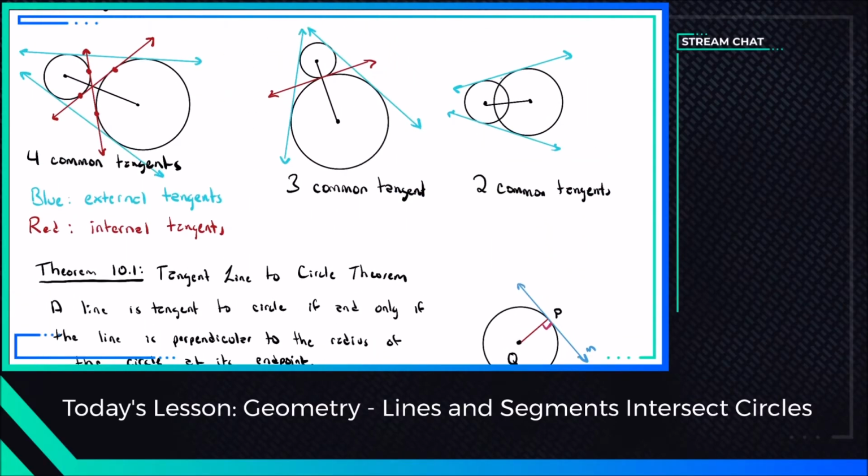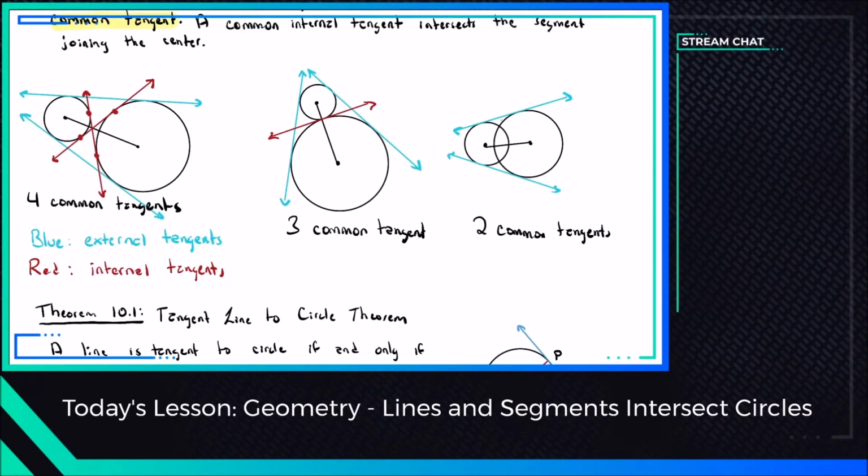All right, so let's scroll back up here. Notice that on each one of these external tangents, they look almost identical. All these blue segments look almost identical. The only difference is where I messed up in drawing. Other than that, they're just mirrored of one another.